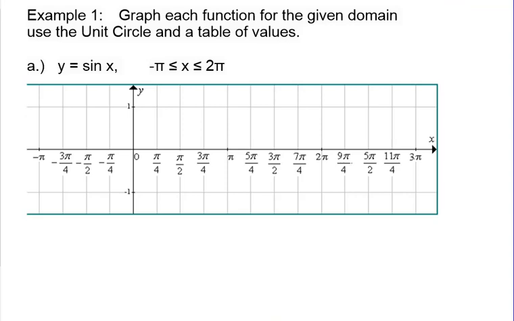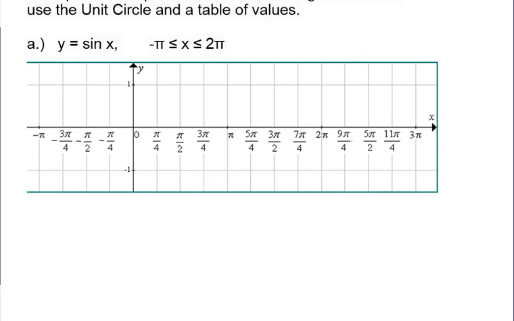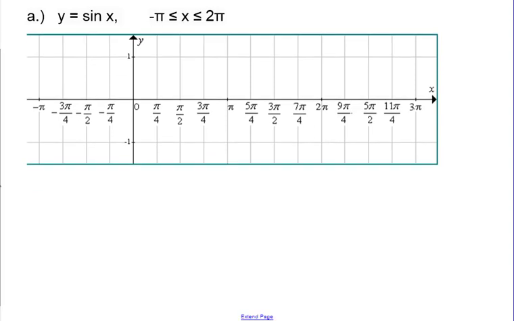So example 1: graph each function for the given domain and use the unit circle in your table of values. We'll use our special triangles in a table of values because we know that, back in grade 9 when you first learned to graph, the easiest way to graph is with a table of values.